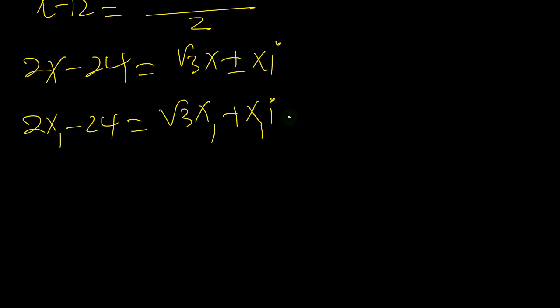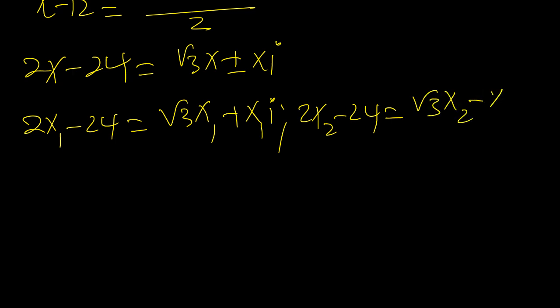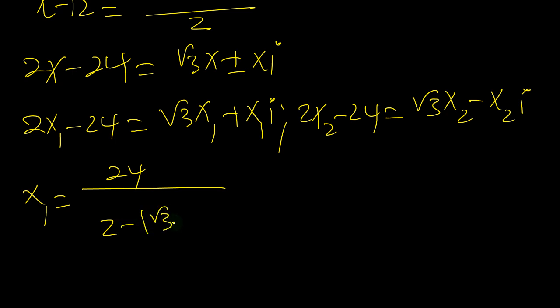And then 2x2 minus 24 is going to be square root of 3x2 minus x2i. So guys, simplifying this, I'm going to have that x1 is equal to 24 divided by 2 minus square root of 3 plus i.